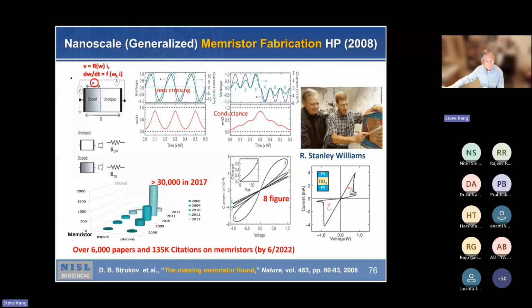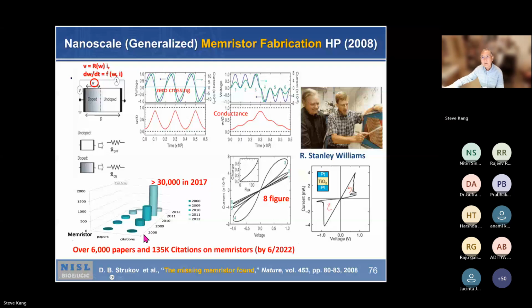If you look at this chart, up until 2008 there's hardly any citation except a few earlier papers: the original paper by Leon Chua, the follow-up paper in 1976, and I think one conference paper. So maybe 3 or 4 papers.